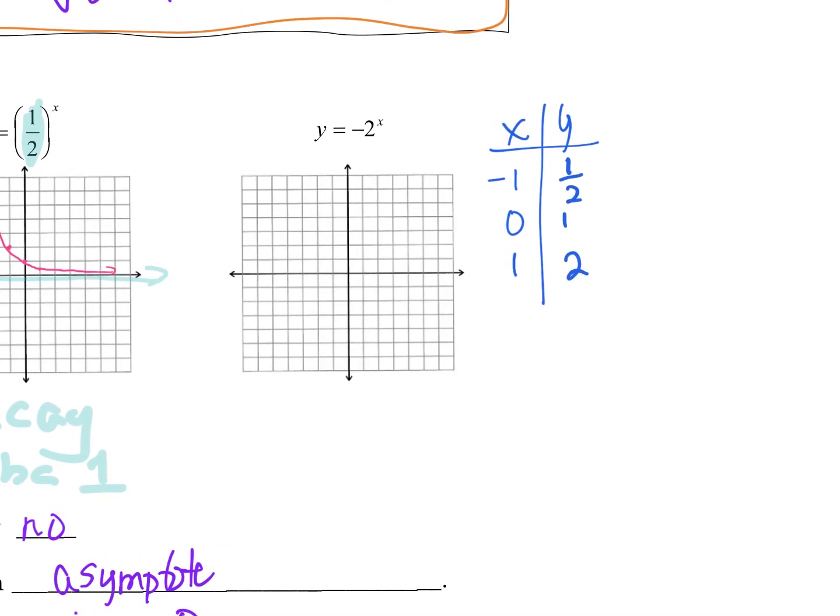Only now we've got to deal with this negative out in front, and the way we deal with that is we take those y values and multiply each of them by -1. So this is going to be -1/2 and -1 and -2. Those are the points we're going to graph: -1, -1/2, then 0, -1, and then 1, -2.